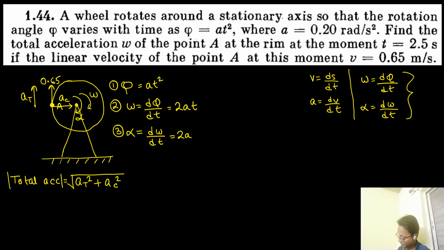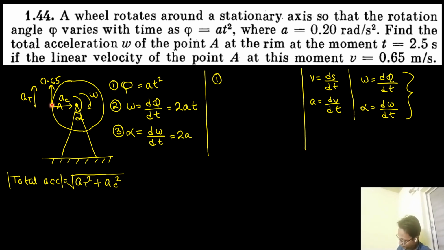Now, how do I find out the tangential acceleration? In the previous slide I gave the relations: linear displacement equals angular displacement into radius, linear velocity equals angular velocity into radius, and linear acceleration equals angular acceleration into radius.